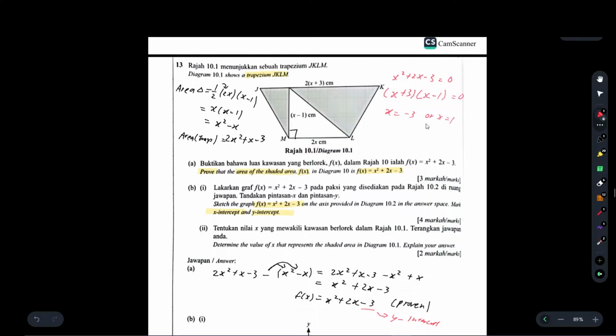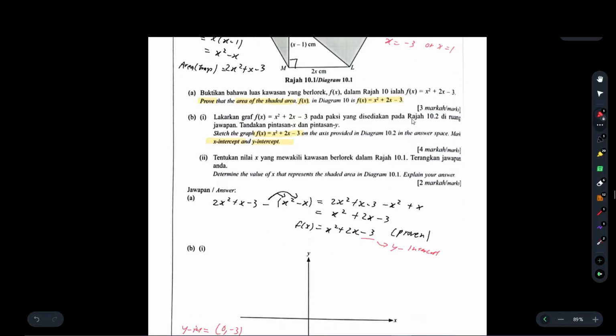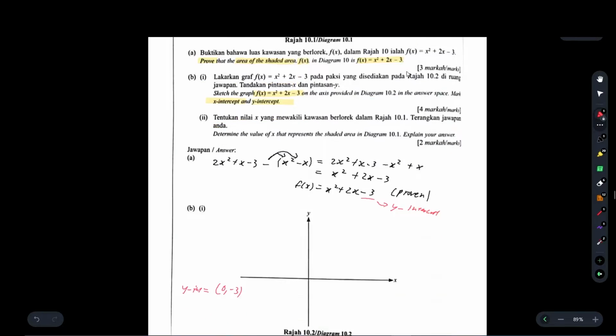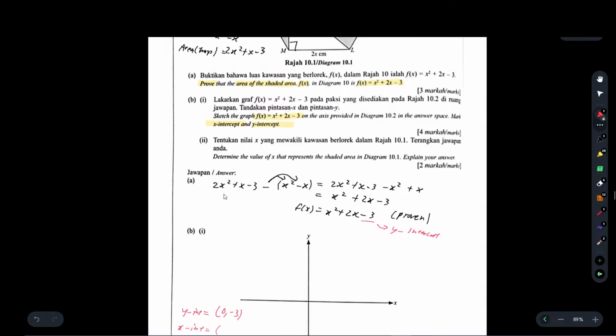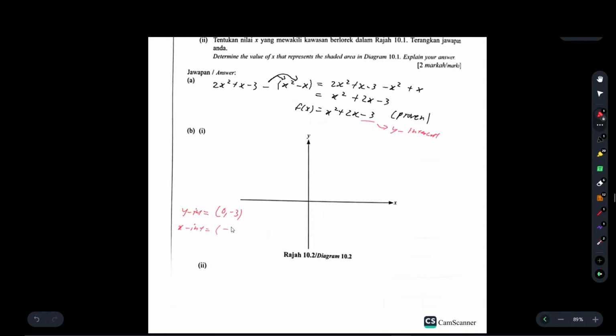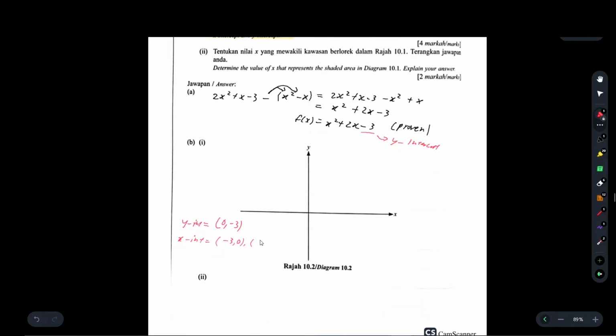These are the x-intercepts and also the roots of the graph. So we can mark them: (-3, 0) and (1, 0).